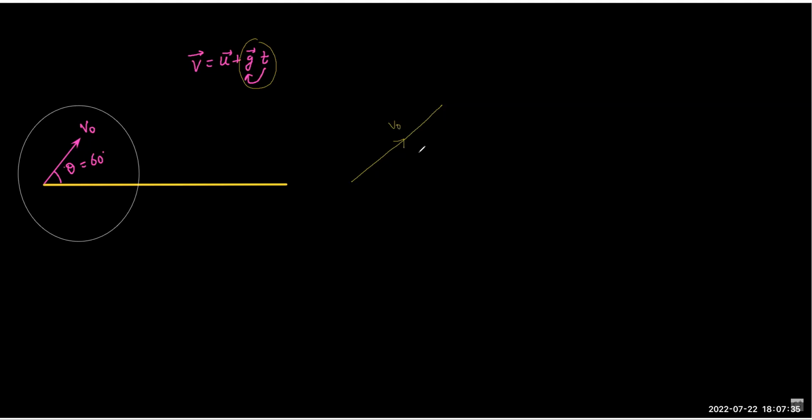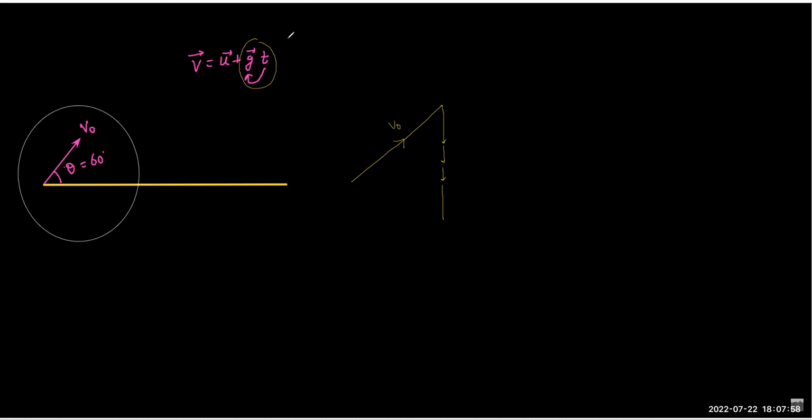From the tip of the first vector, draw another vector called the GT vector. Now, if you draw the GT vector, it will grow like this. It can be this much or bigger, maybe here, or it may go down also. So it will keep on increasing in length.